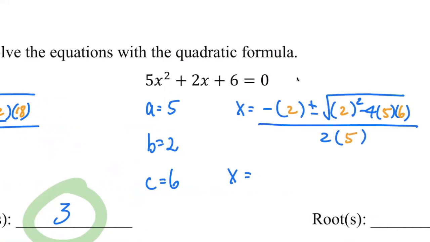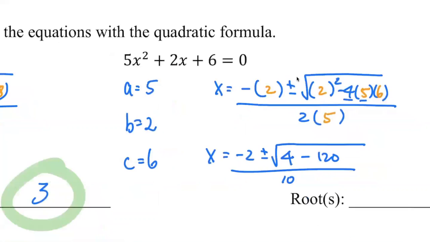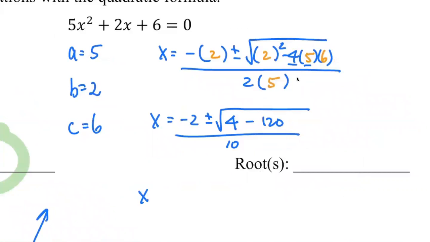Okay, and then we have negative 2 plus or minus the square root of 4 minus 4 times 5, it's 20. 20 times 6 is 120, and it's over 10. And we have x is equal to negative 2 plus or minus, that will be 116, over 10.